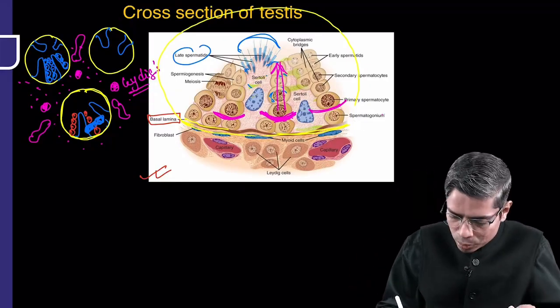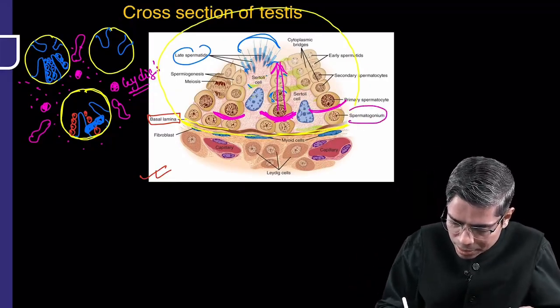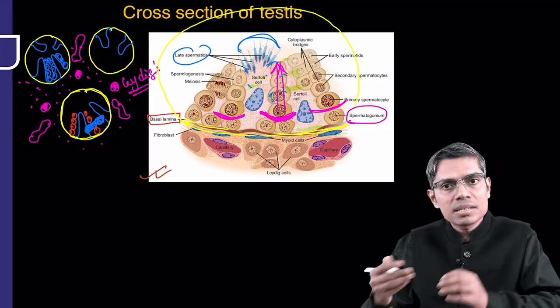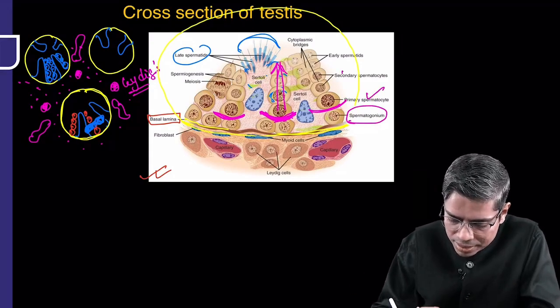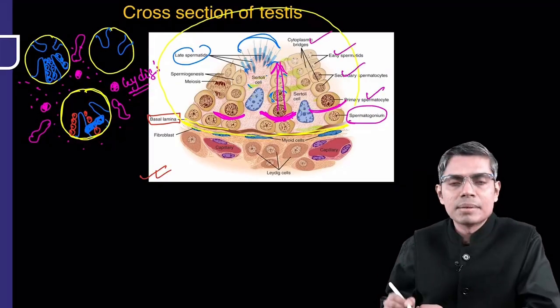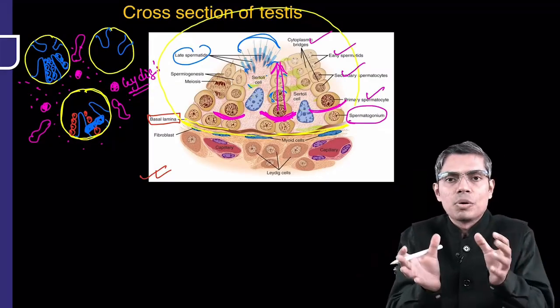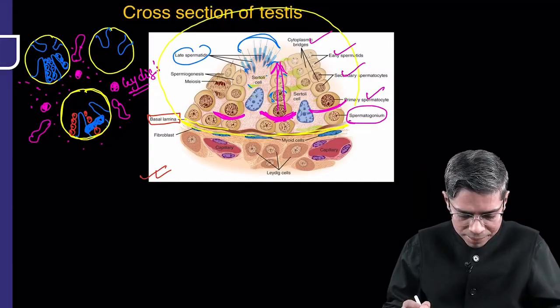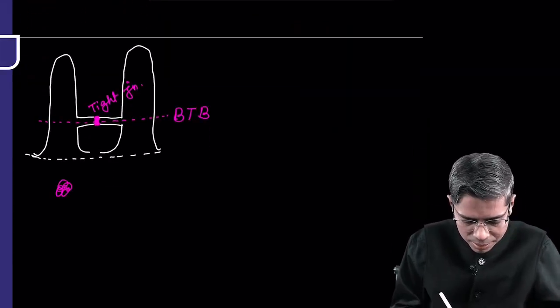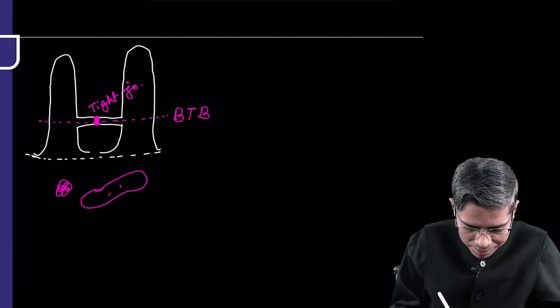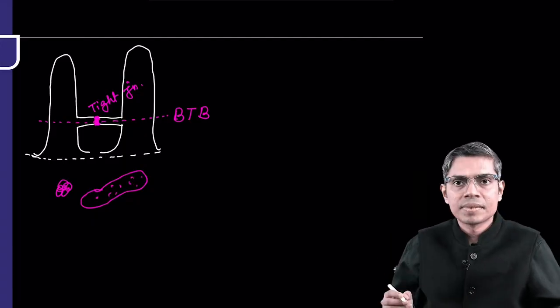Okay, so spermatogonia is located outside this blood testis barrier, but other stages of spermatogenic cells, like primary, secondary, early spermatid and mature sperm, all of them are located inside the barrier. So look here. This is your Leydig cell, the interstitial cells of Leydig. This is your blood capillary.